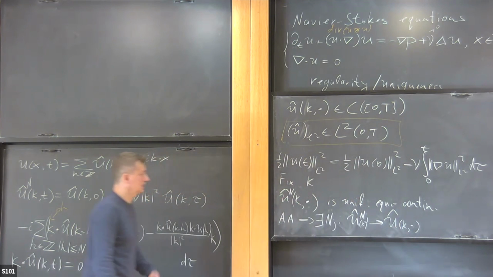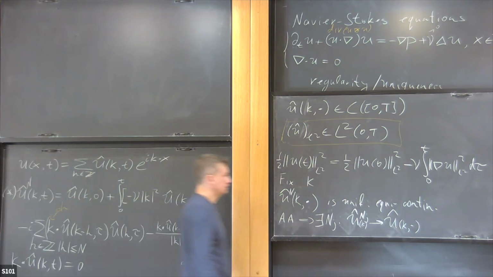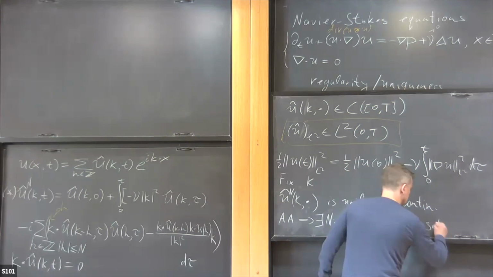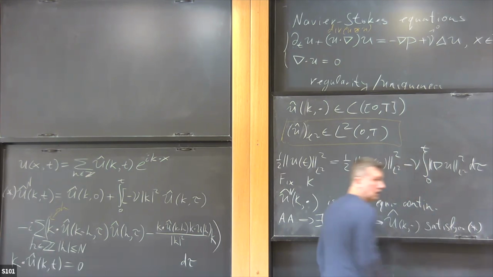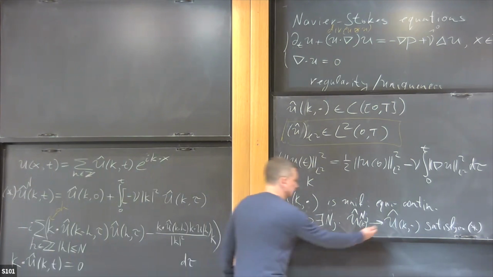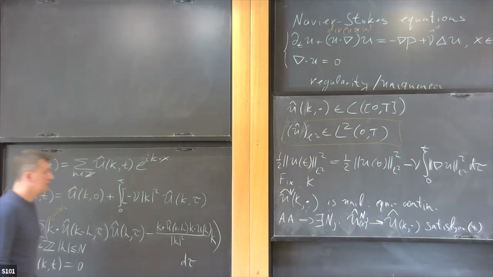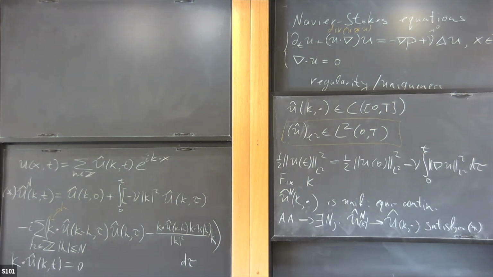Then it's easy to check that this function satisfies this equation. The nonlinear term is the only one which is problematic, but it's just a simple computation. It converges. Weak solutions exist globally in time. It was proved by Leray in 1934.